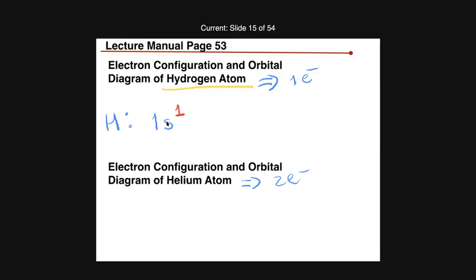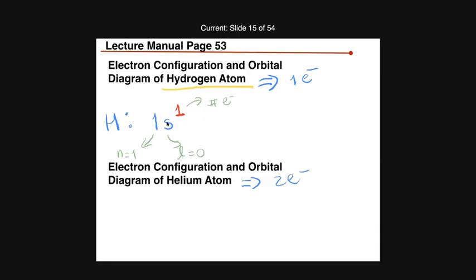Again, if I write this out, n tells us that n equals 1, s tells us that this is L equal to 0, and the number 1 right here tells us the number of electrons. This is called electron configuration, and it tells us about the location of electrons in orbitals.